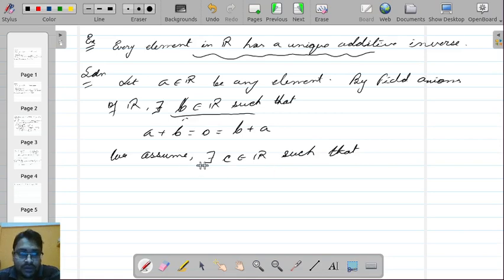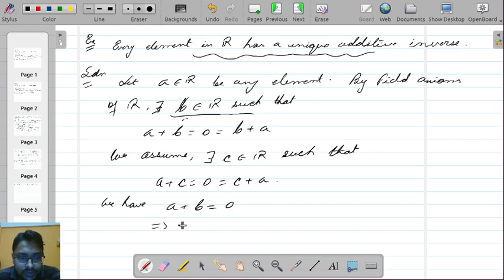So I want to show that b and C are actually equal. Let us start with a plus b equal to 0. From here, I can add C to both sides, because these two are equal elements.